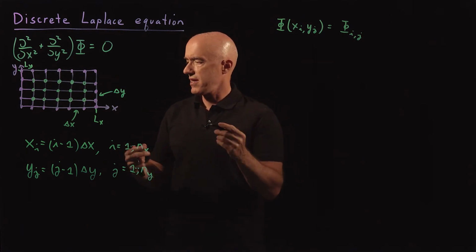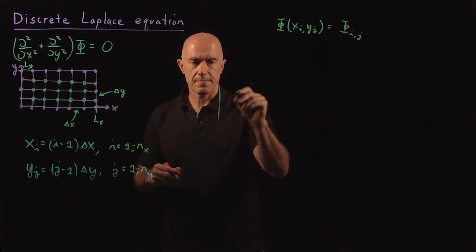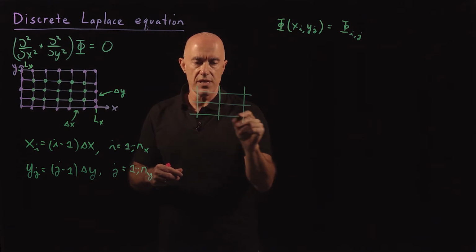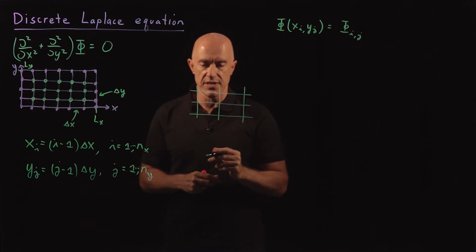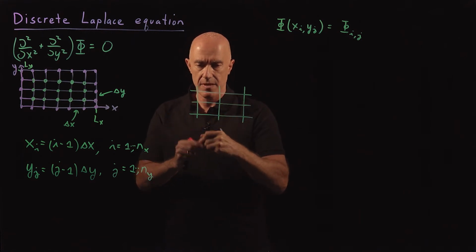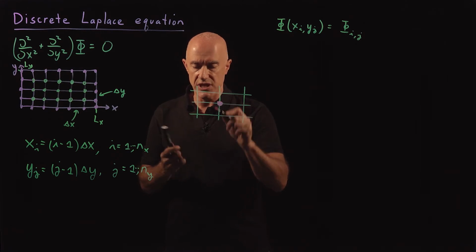Let me draw a picture with 3 columns and three vertical lines, 3 horizontal lines. This central point here is going to be our phi ij.